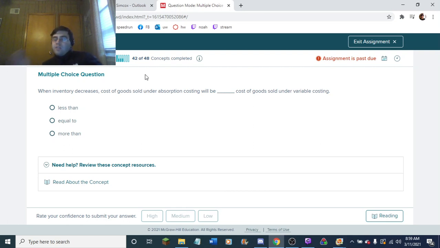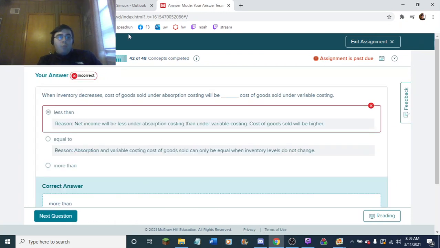Okay, so when inventory is high, absorption costing has high profit. When inventory is low, variable costing has high profit. And when inventory is low, variable has high profit and low cost of goods sold. What?